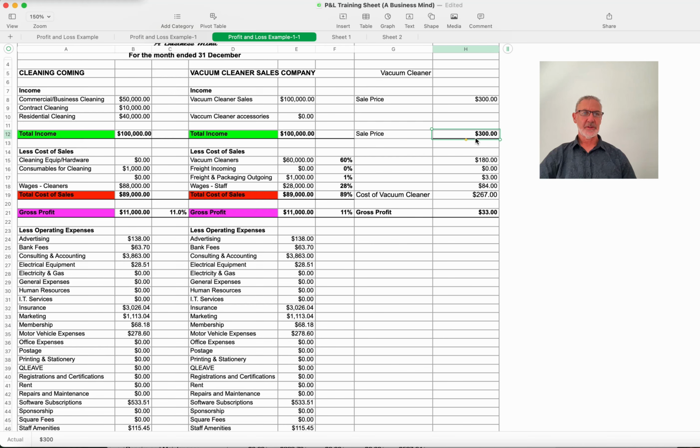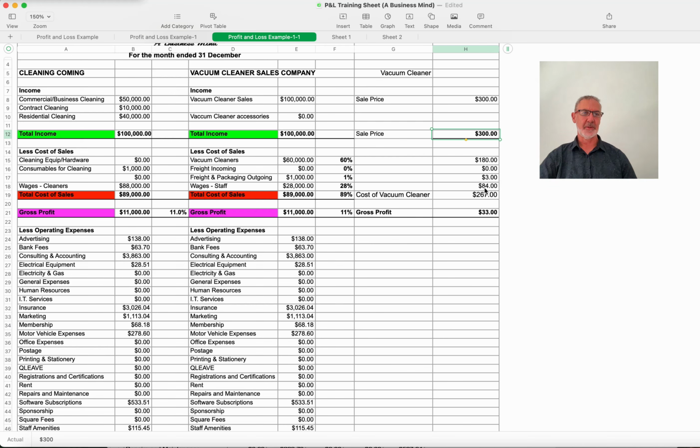So if we flick across to this column again, we're selling a vacuum cleaner for $300 plus tax. The cost of the vacuum cleaner, so it's 60% of the total, so that's $180 in this case. Then we have the proportion of freight is $3, and then staff wages is 28%, so 28% of $300 is $84.